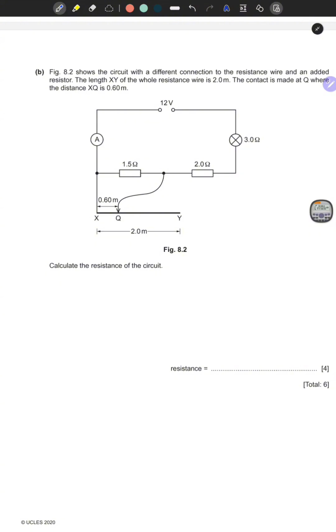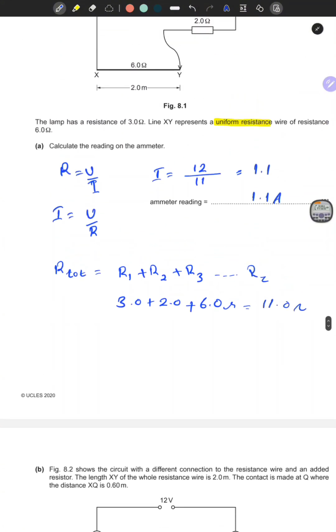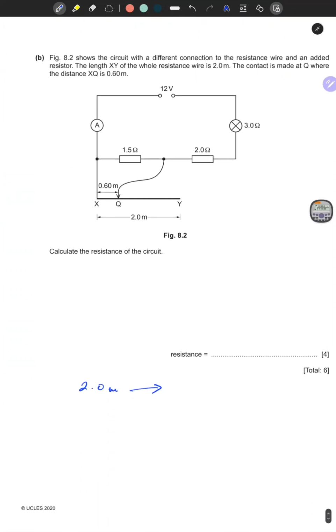Let's make a simple cross multiplication here so we can get the value of the resistance of the XQ line there. So when it's 2 meters, it gives me 6 ohm. So when it's 0.60 meters, it will give me x here.